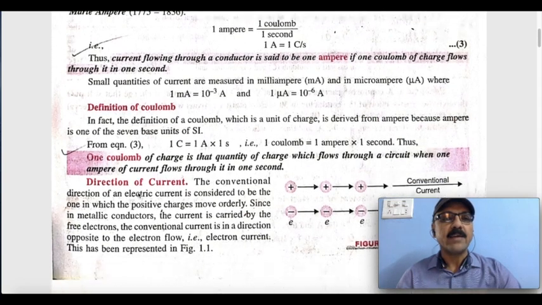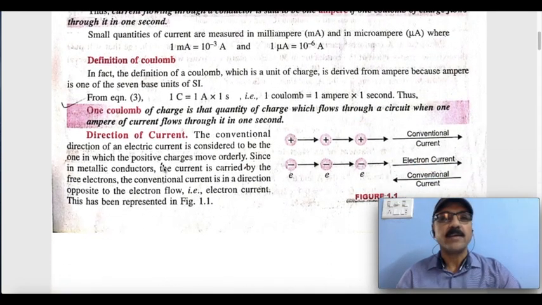The direction of conventional current is considered to be the one in which the positive charges move orderly. When positive charge is moving, it is called the conventional current. Since in a metallic conductor the current is carried by free electrons, conventional current is in the direction opposite to the electron flow.